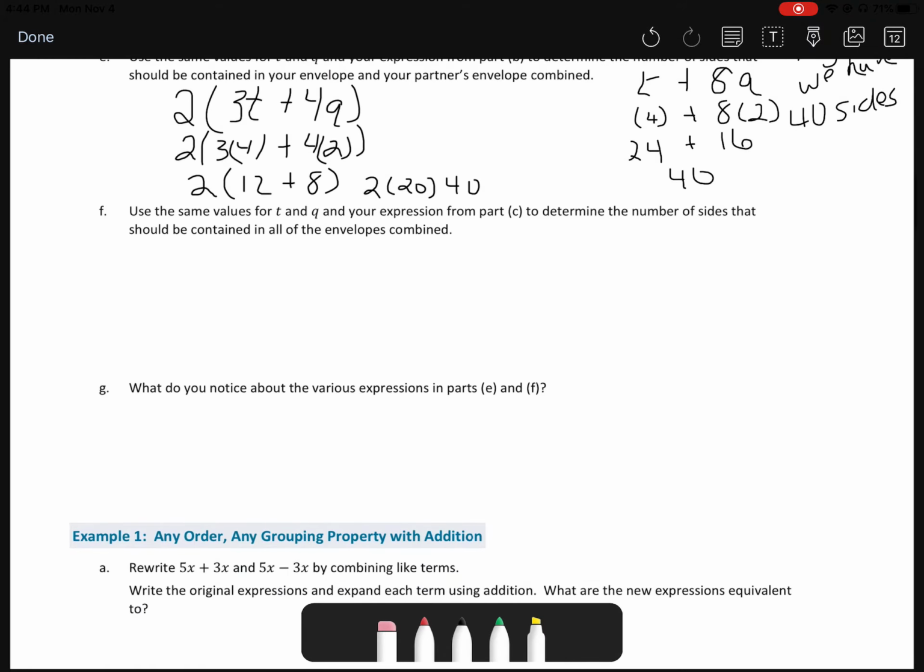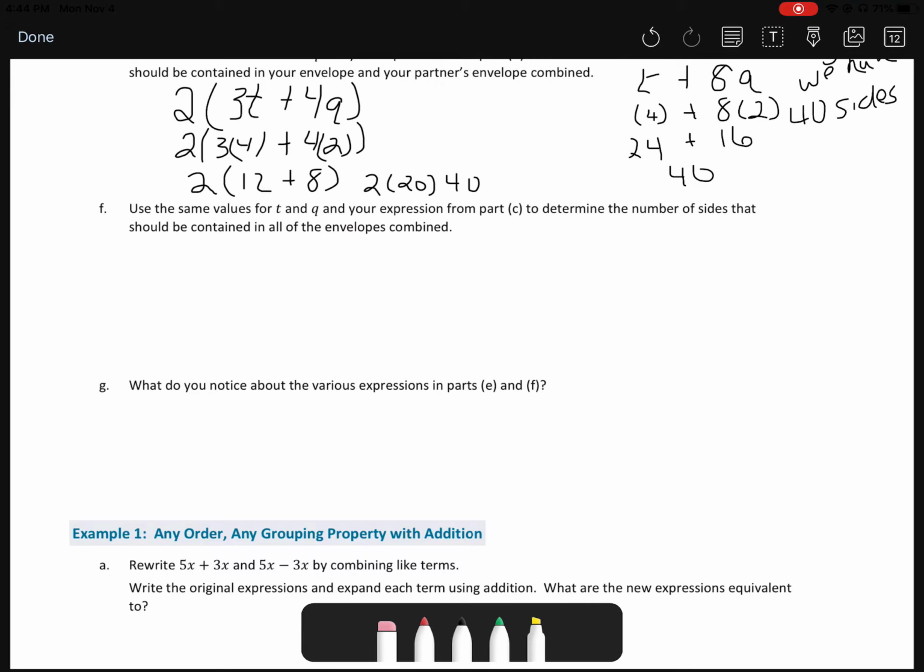Question F, use the same values for T and Q in your expression from part C to determine the number of sides that should be contained for all the envelopes combined in the room. So again, we are using 20 students in the classroom and then 3T plus 4Q. So I'm going to use that same number. Let's say that everybody in the classroom has the same thing in their envelope.